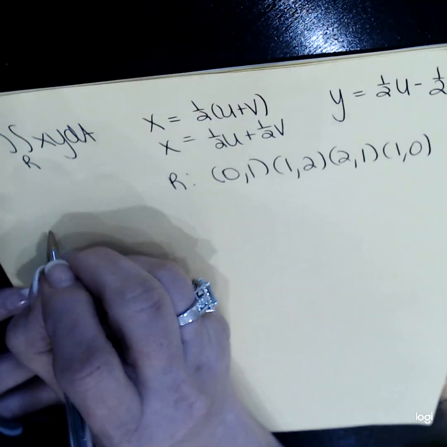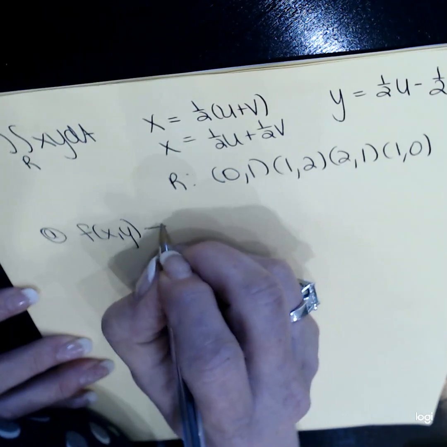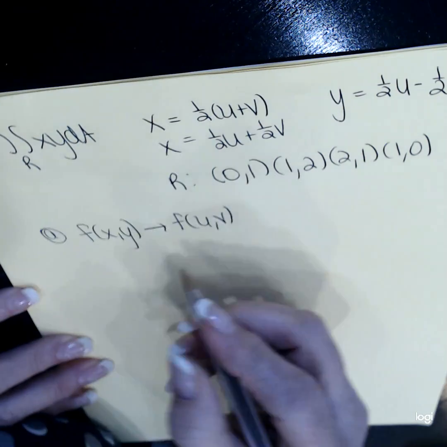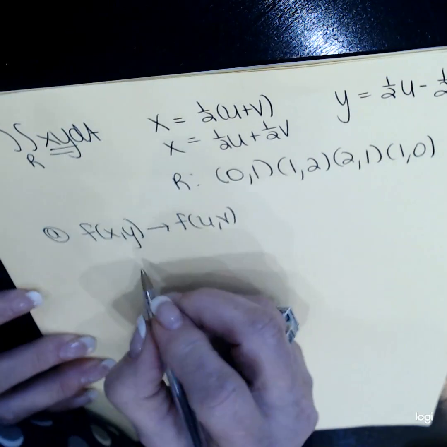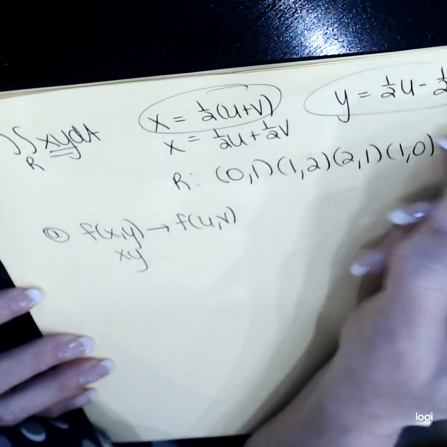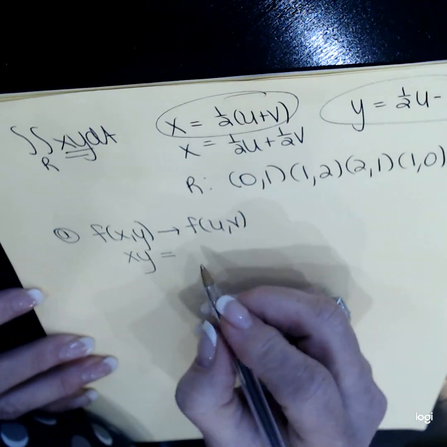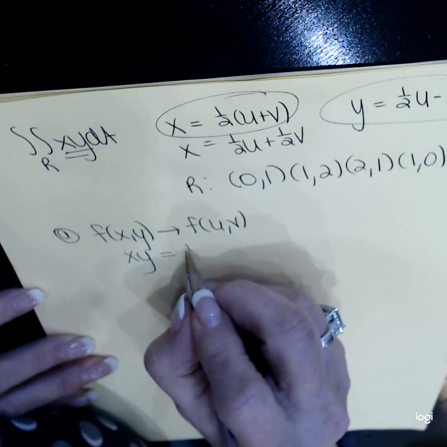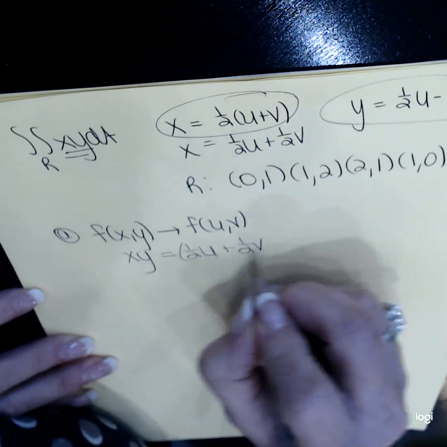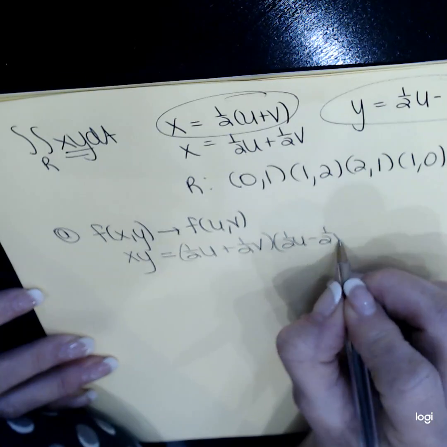The first thing we're going to do is take our function of x and y and convert it over to a function of u and v. And this should not be too hard to do. Here is our function. We've got x times y, and we know exactly what x and y are equal to, so we can just do those substitutions in here. x is equal to 1/2 u plus 1/2 v. y is equal to 1/2 u minus 1/2 v.